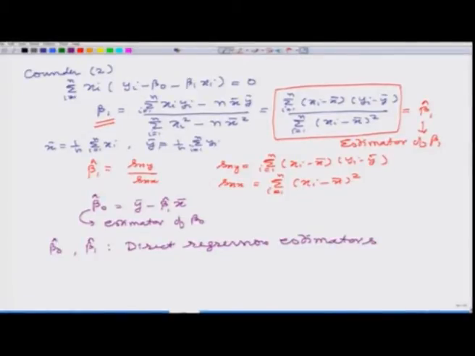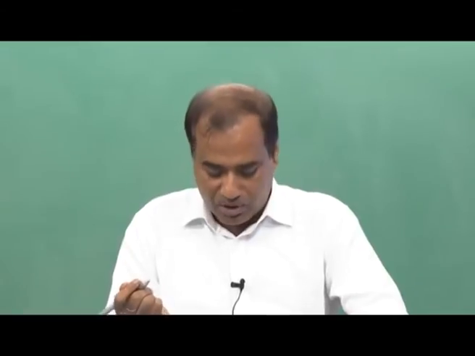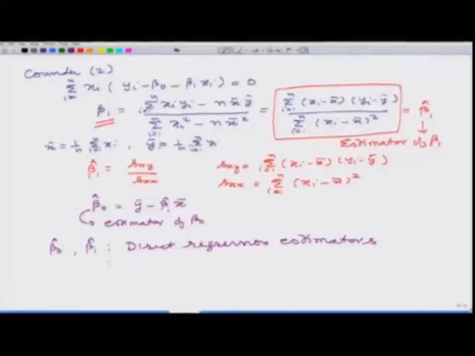This beta 0 hat is the direct regression estimator of beta 0, and beta 1 hat is the direct regression estimator of beta 1. They are also called least squares estimates or least squares estimators of beta 0 and beta 1.